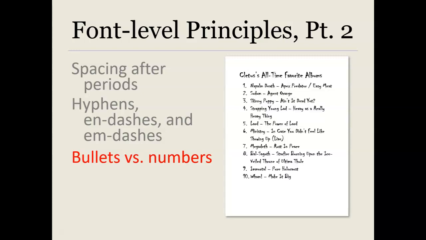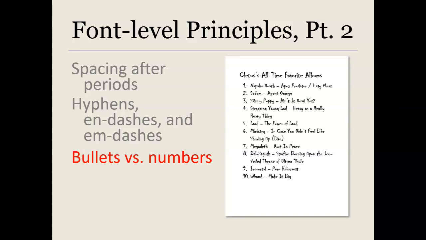Then we've got a list of Cletus's all-time favorite albums. Should this be a numbered list or a bulleted list? This is a little bit tricky. If this is a list of his favorite albums, as in number 1, Napalm Death, Apex Predator, Easy Meat, that's his all-time favorite album, number 1, then yes.